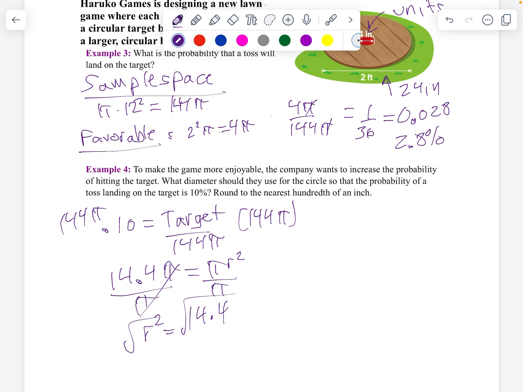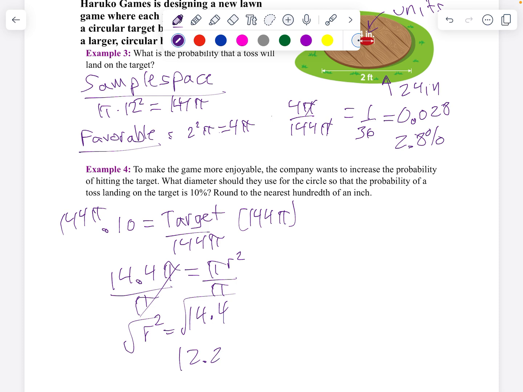And the square root of 14.4 is going to be like 1.2, won't it? No, 12.2. Just got to use my calculator. 12.2 would be my radius then. That's not right.